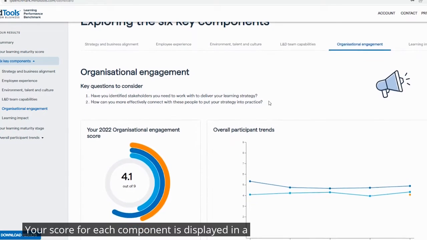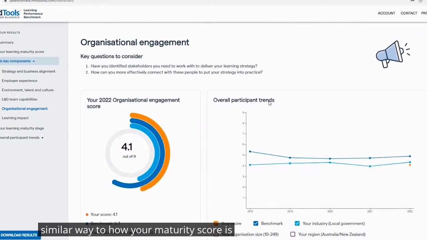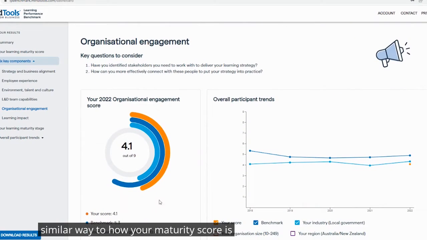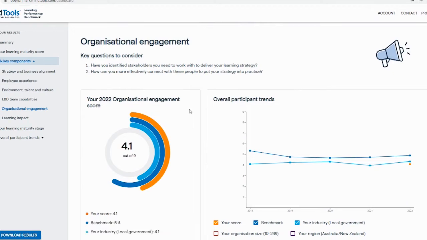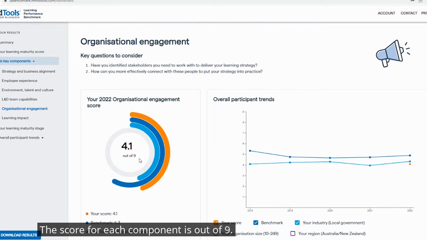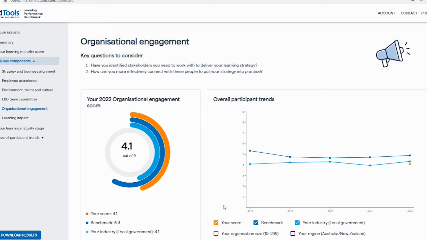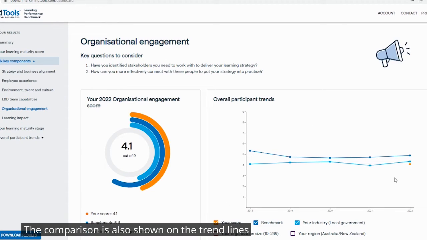Your score for each component is displayed in a similar way to how your maturity score was presented on the maturity page. However, the scale is different. The score for each component is out of 9. In this case, the score is 4.1 out of 9, and you can see that it's the same as the industry benchmark, but below the overall benchmark. The comparison is also shown on the trend lines on the graph to the right.